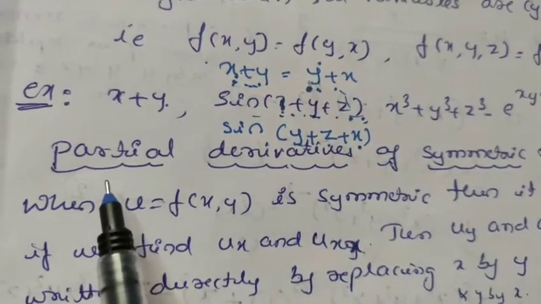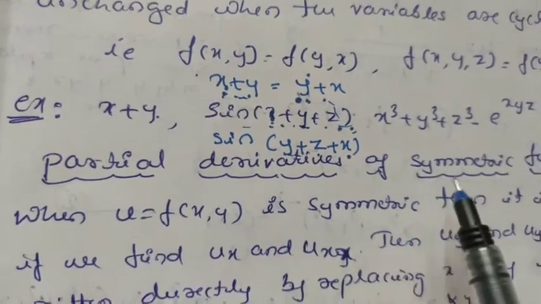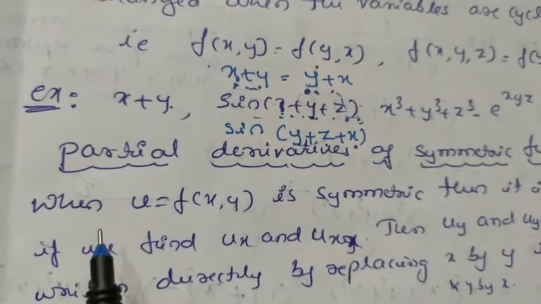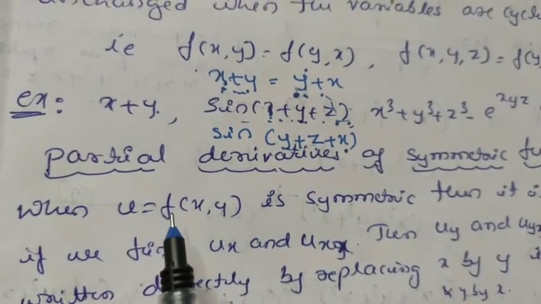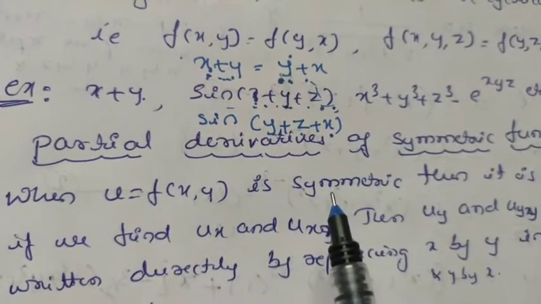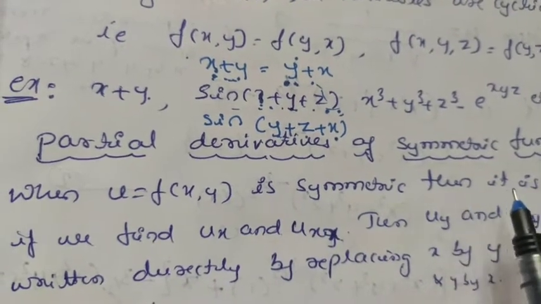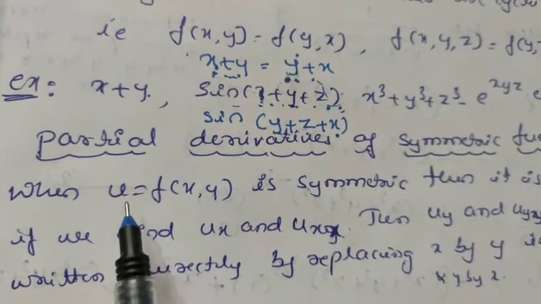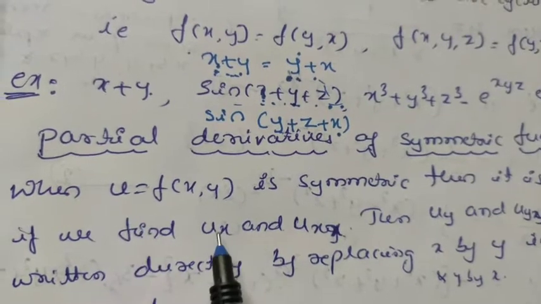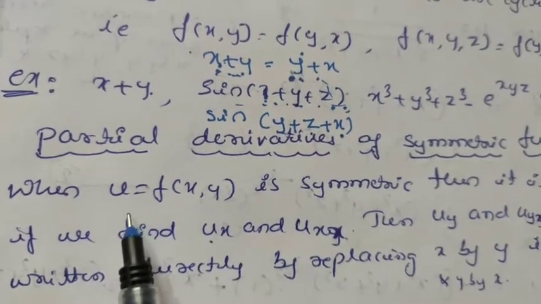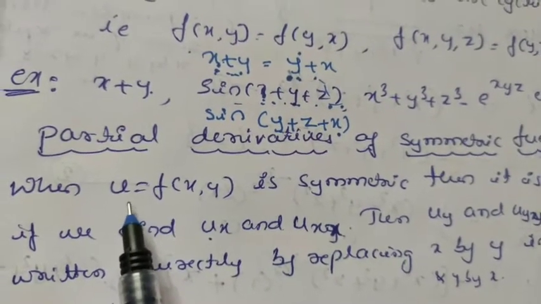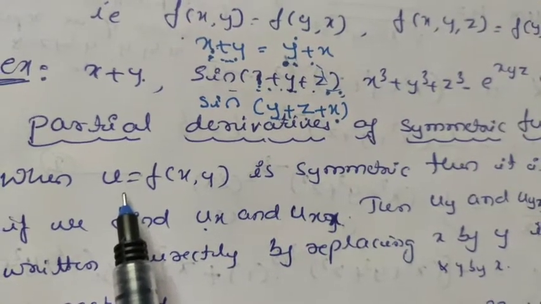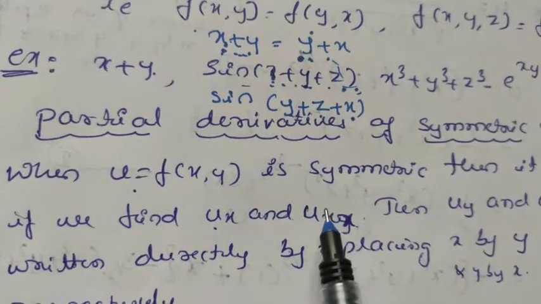Next, let us study the partial derivatives of such a symmetric function. Suppose u equals f(x,y) is symmetric. Then it is enough to find the derivative of u partially with respect to x and its second order derivative, that is, del squared u by del x squared.